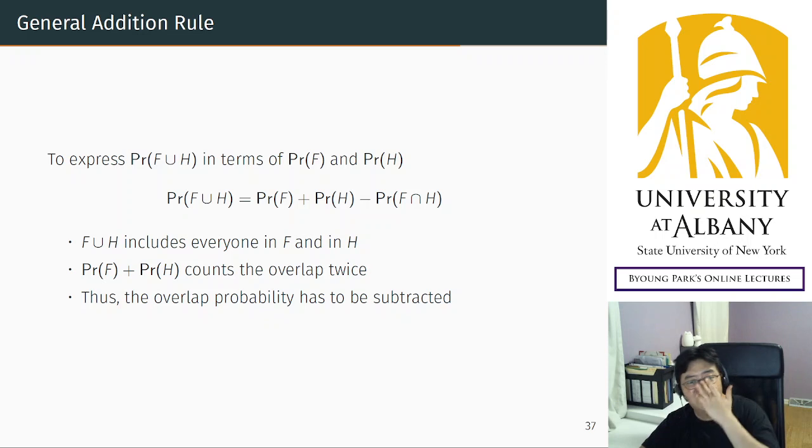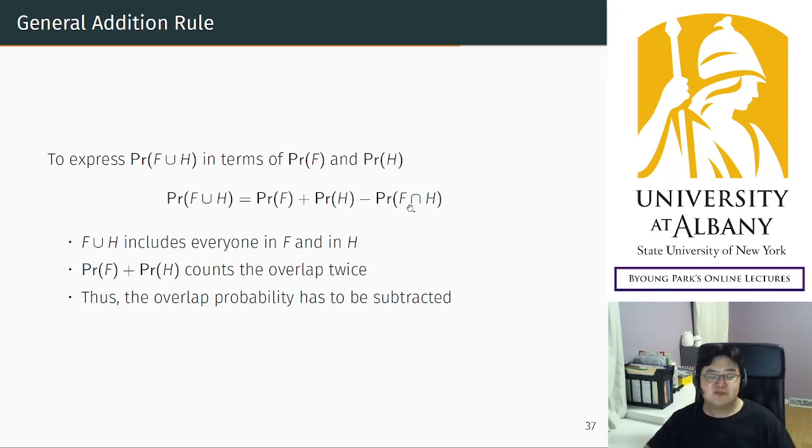So you have to cancel that out by subtracting the intersection. The intersection is the overlapped area. They are counted twice by summing these two. That's the main idea, right?